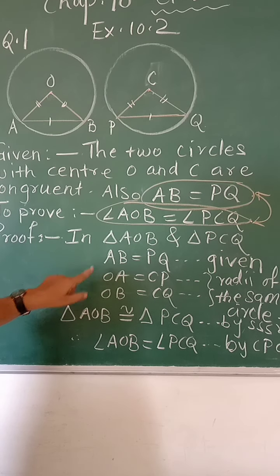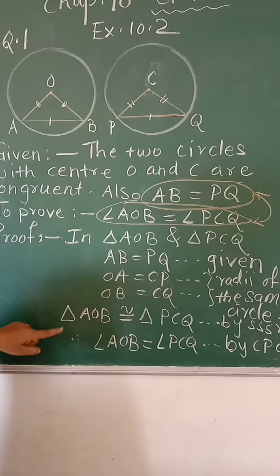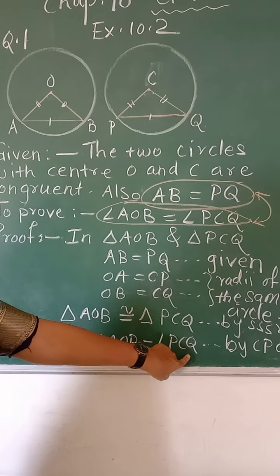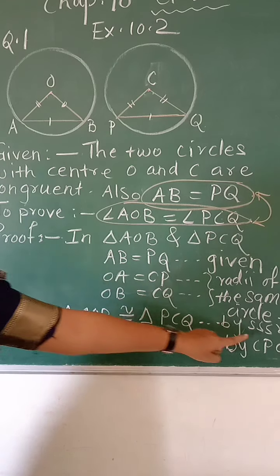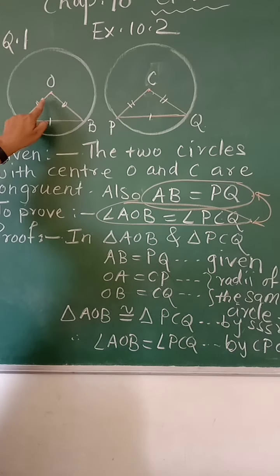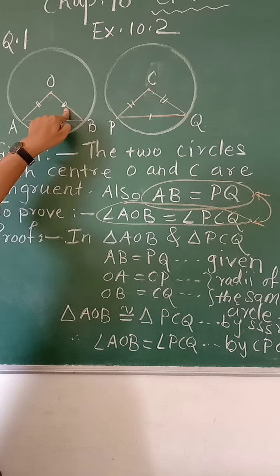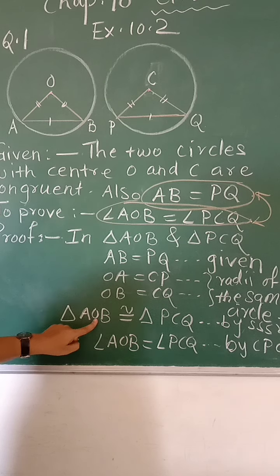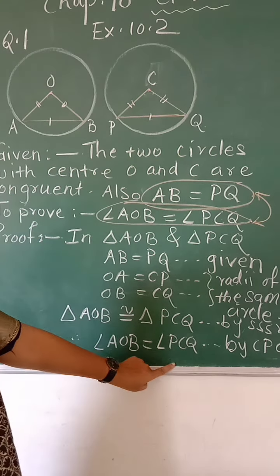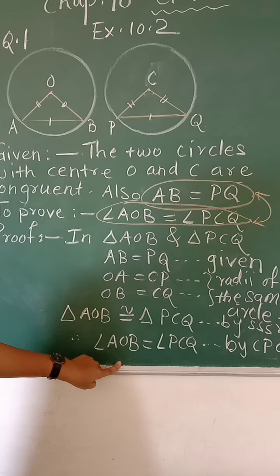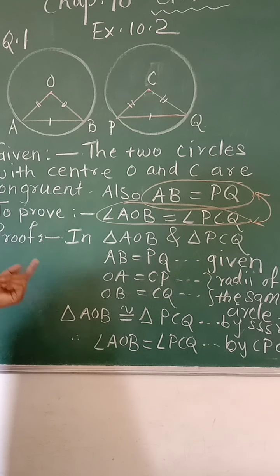In place of AB is equal to PQ, you have to write angle AOB is equal to angle PCQ, and this angle is included in between these two sides. So by SAS congruency rule, these two triangles are congruent, and therefore AB is equal to PQ by CPCT. So question number 2 you can solve with reference to question number 1.